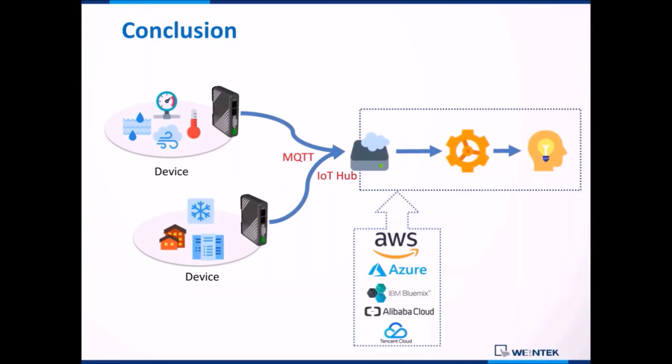We can set it up to the hub. And then one can really utilize what's available in their cloud service platforms to use the information, to send it to UI, to AI, to get the best of all this data we collected from the device. And that's the true meaning of what we try to accomplish with IoT.